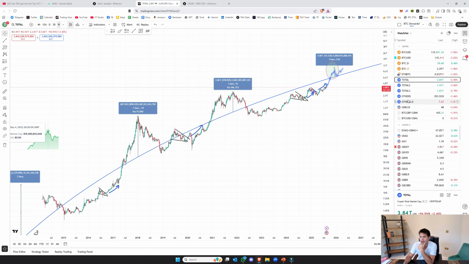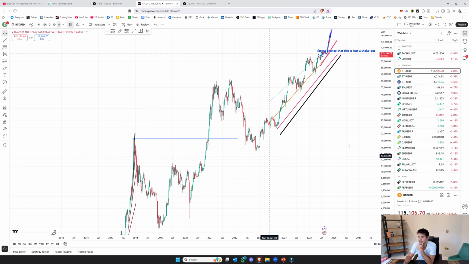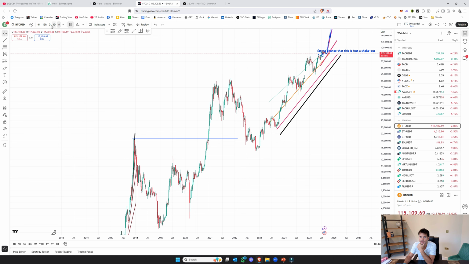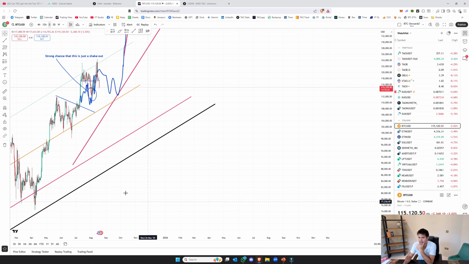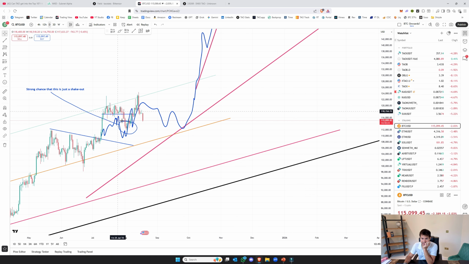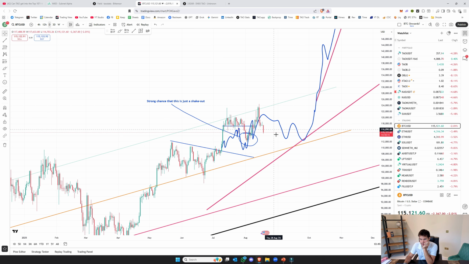In terms of the charts, if we go to the daily, we're in a bit of a lull at the moment, but like I did in my community, I said that this would be a pivot. Strong chance it's just a shakeout, and that we'd have a bounce followed by a bit of a pullback.